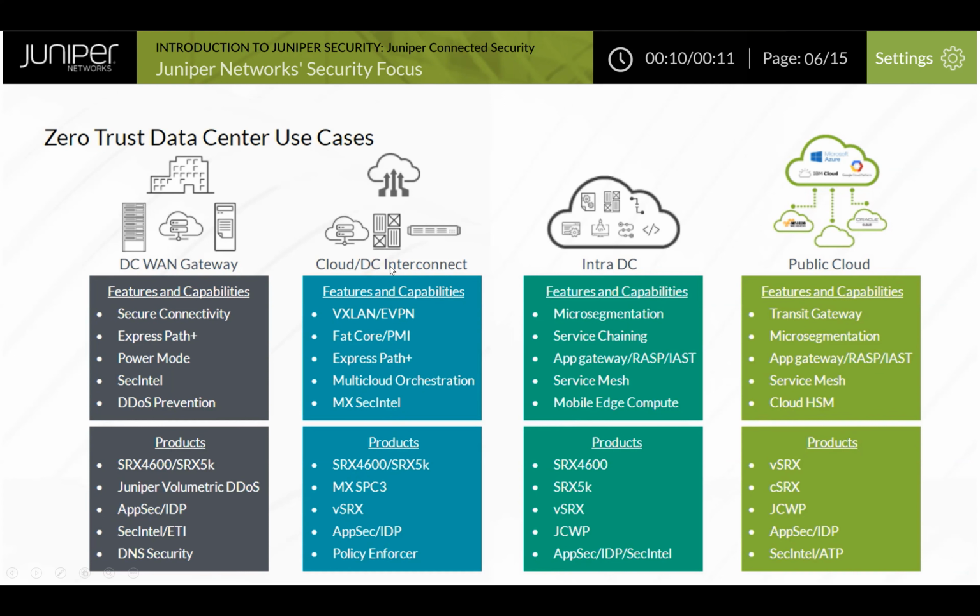If you consider the cloud or DC interconnect, you have to consider these products. In inter-DC, these products, and for public cloud, we consider these products to secure the entire connection. So in different locations, we put different solutions and choose different products to secure the entire connection.